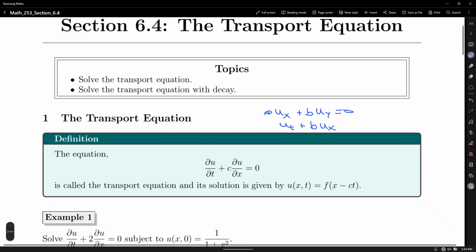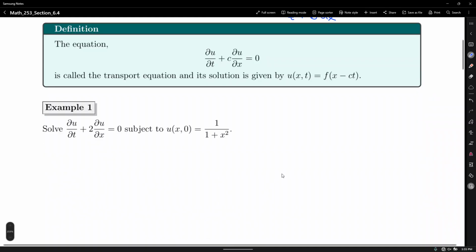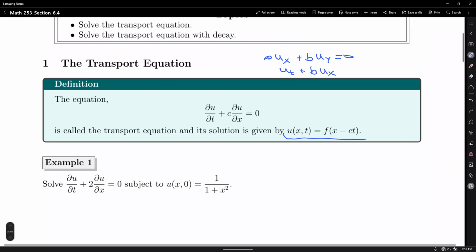In this case, we replace y with x and x with t, and a equals 1, and b equals c, a equals 1. That's the only difference. It's just a very particular and special case of the general equation we discussed in the previous section.